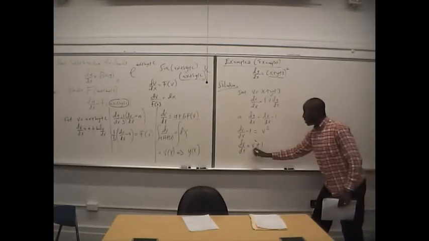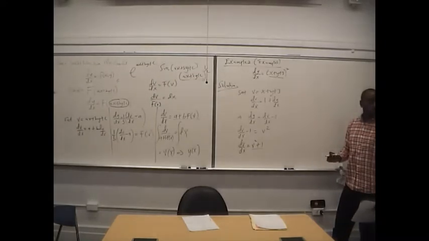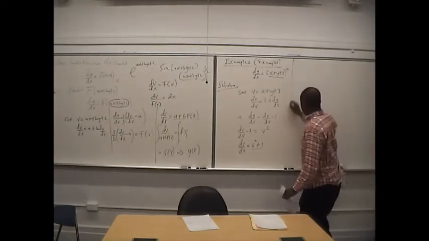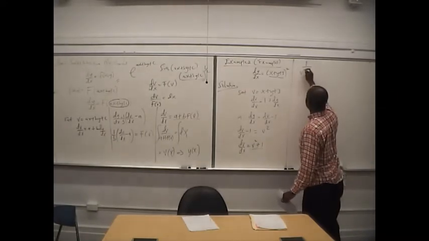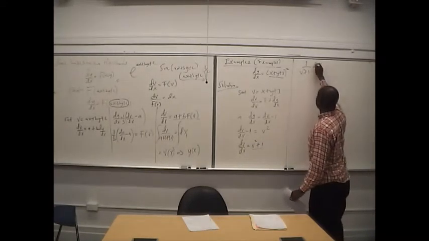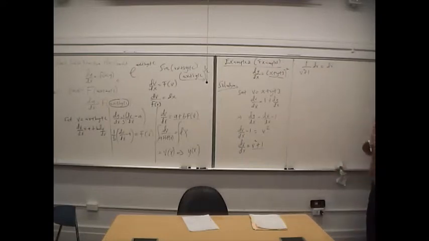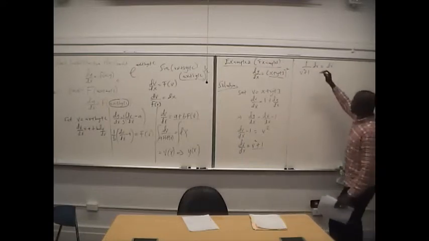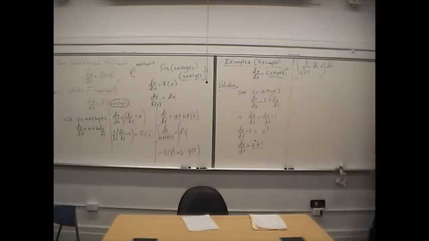Right. Now this is a function just in terms of v, and I can separate variables. So I have 1 over v squared plus 1, dv is dx. Hopefully, this guy has an antiderivative. Does it? Yes, what is it? The arctan. Okay.